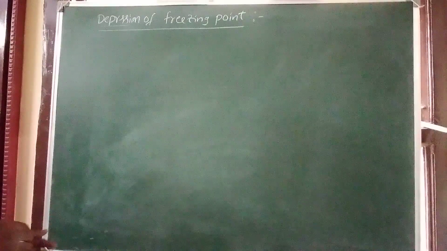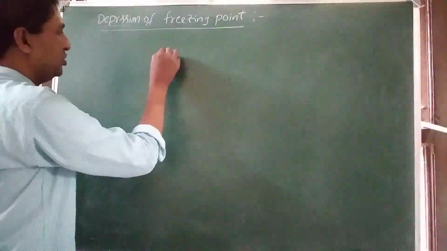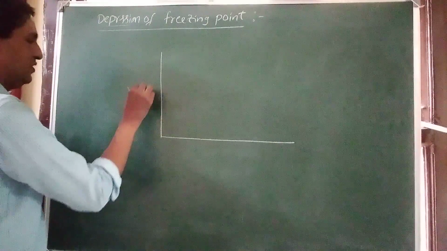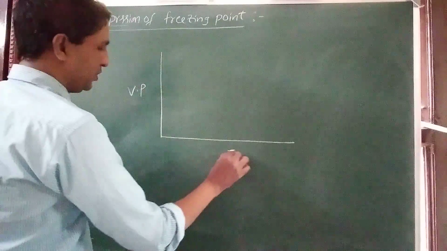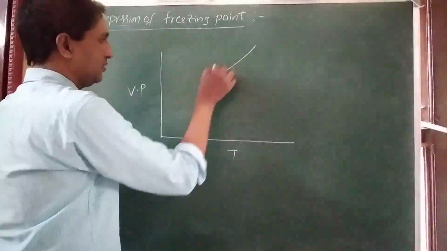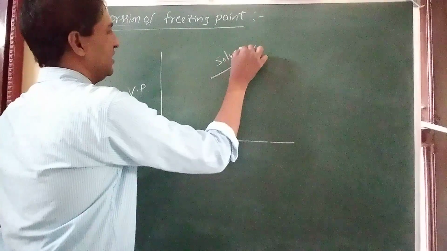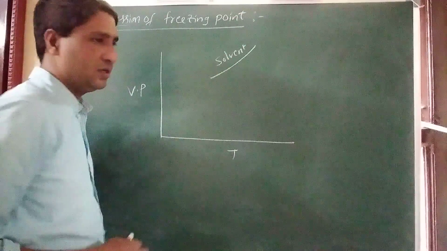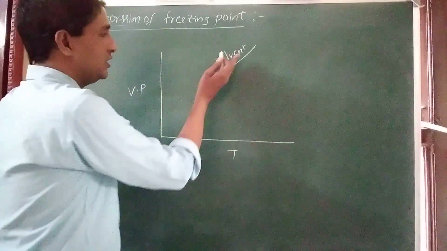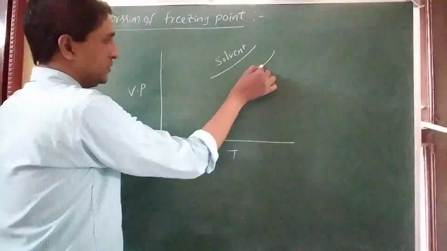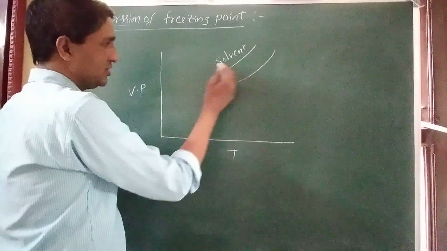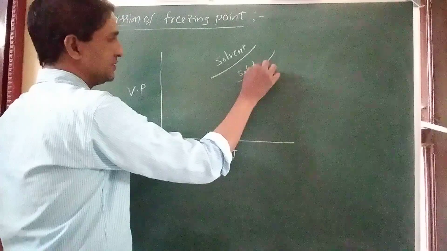We can draw a graph for the depression in freezing point. This one is the vapor pressure column, and this is the temperature column. We know that the vapor pressure of the solvent is always higher. Suppose we add a non-volatile solute to the solvent, its vapor pressure decreases, this one. And as temperature decreases, the vapor pressure of both solvent and solution decreases.